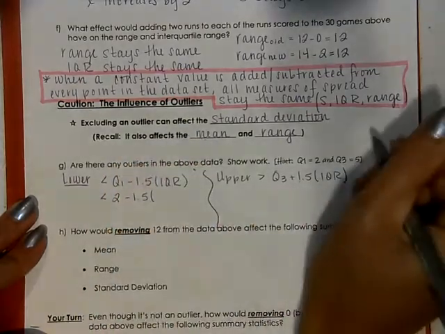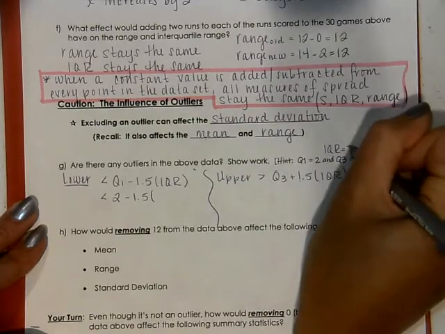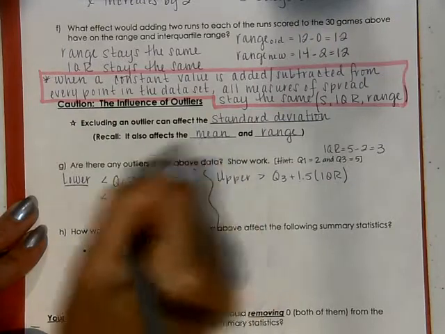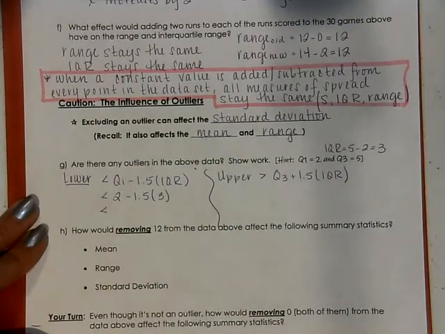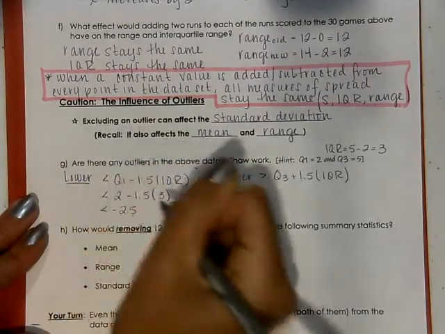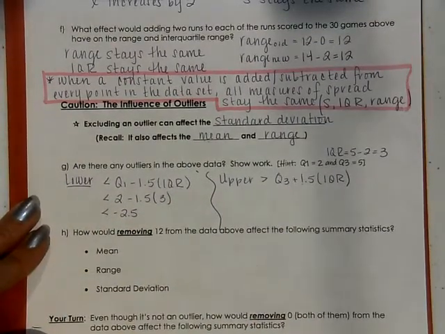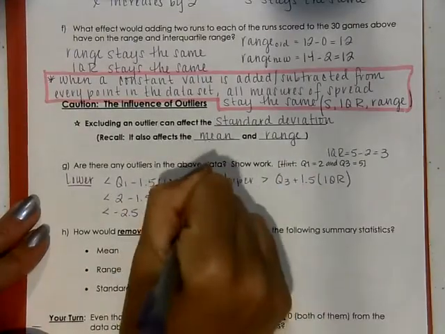So my IQR is Q3 minus Q1, so it's 5 minus 2, so my IQR is 3. So outliers in the lower direction would have to be less than negative 2.5. Well, remember, the lowest run scored you can have in a baseball game is 0, and that's what they had, so there's no outliers in the lower direction.